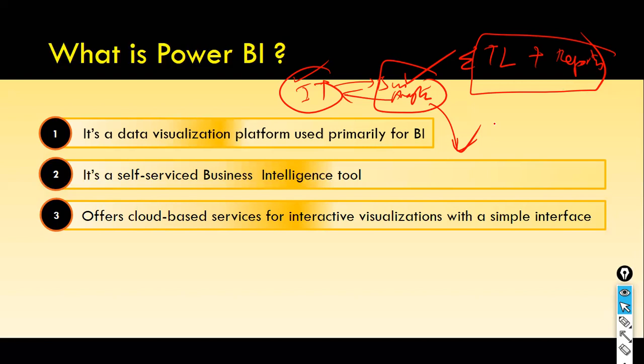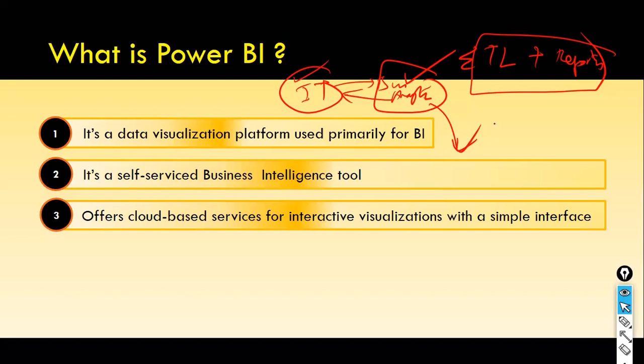It doesn't require any installation of software. All you need is an internet browser, and then you can go to app.powerbi.com. That's Power BI's cloud service, and go and sign up. That's it. You're all set. You can go and publish the reports out there. Once you publish the report on cloud, people across the globe can access it anytime with any device.